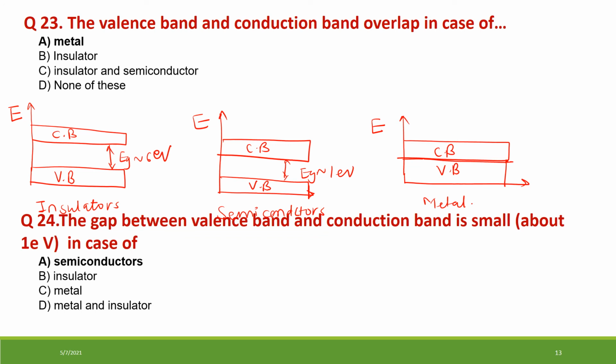The semiconductor such as, for example, germanium has the energy gap Eg, value of Eg nearly equal to 0.7 electron volt, and for silicon this Eg is nearly equal to 1.1 electron volt. So these are the examples of semiconductors.